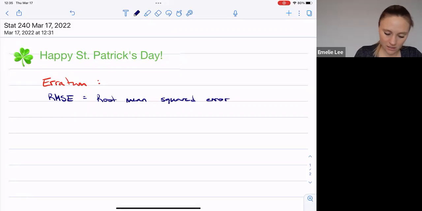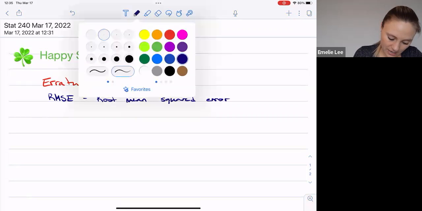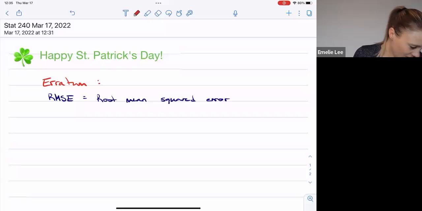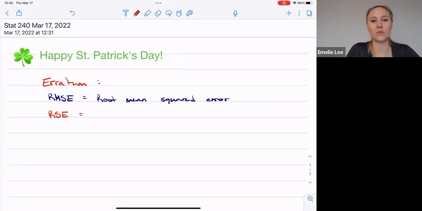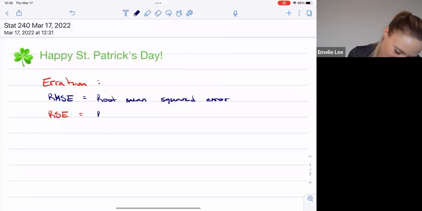But then, the RSE, this is where I really stepped in it. I just called it the root squared error, which is sort of true, but it is the residual standard error. So I'll write out what I said it was, the root squared error.